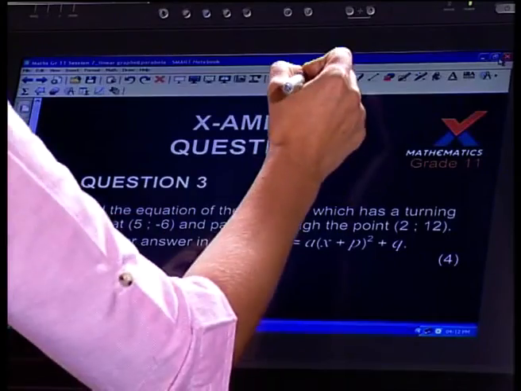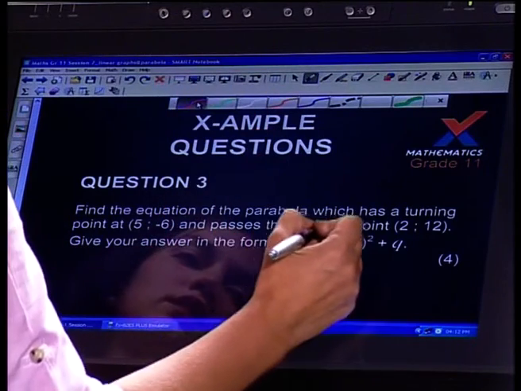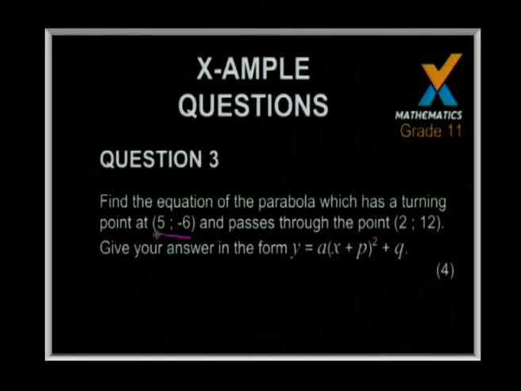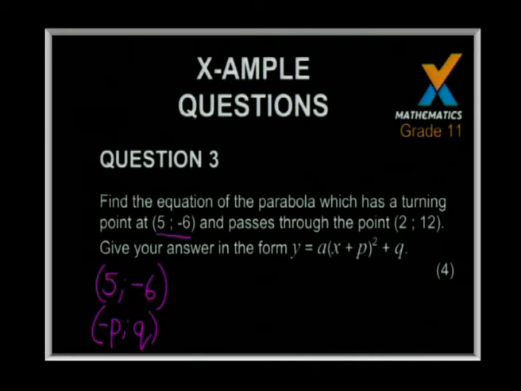Your turning point, remember, is negative p, q. So let's analyze that first. Here is your turning point, 5 and negative 6. I'm going to rewrite it here, and underneath it, just write again, it's negative p and q.